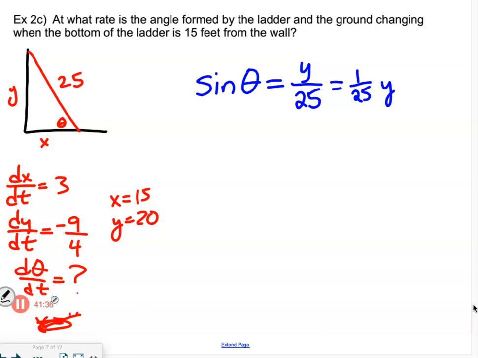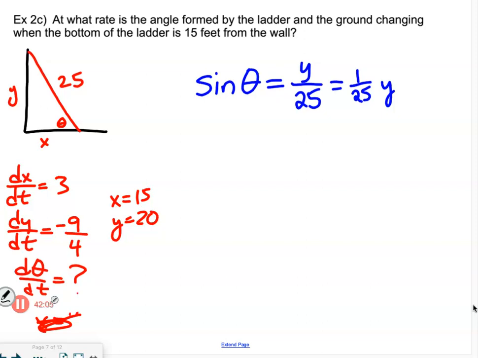It's 1/25 y. That would be if it was 1/25 plus y, but it's times, it's a coefficient. So what's the derivative of 5y? 5 times... Right? You got it. Good job.